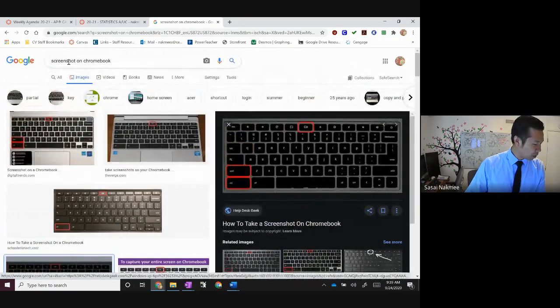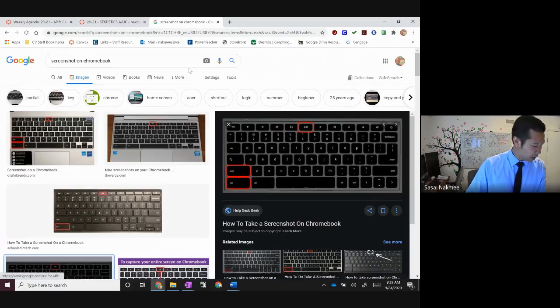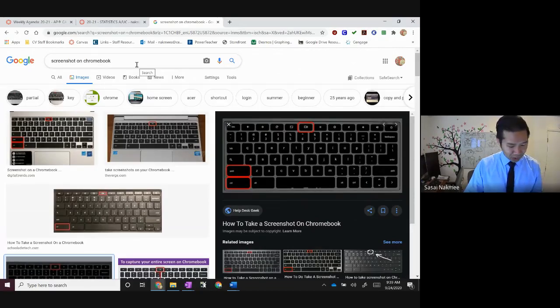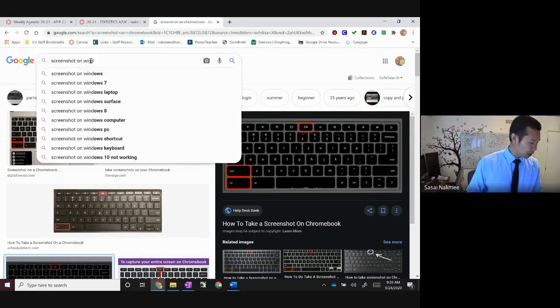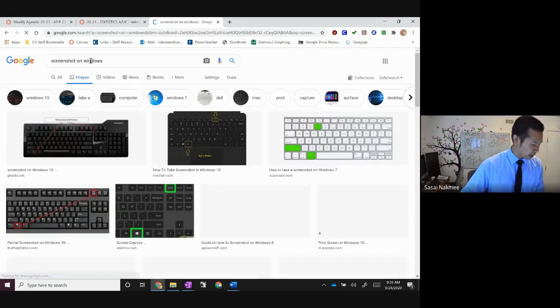If you're on a Windows computer, it's 2 buttons off: you're going to be pressing the Windows key, Shift, and then S. That will allow you to screenshot on a Windows computer. Let me show you that.